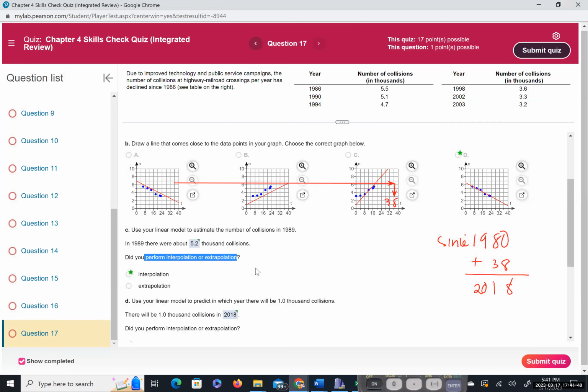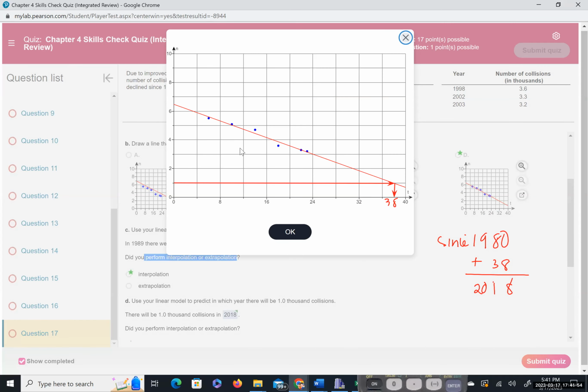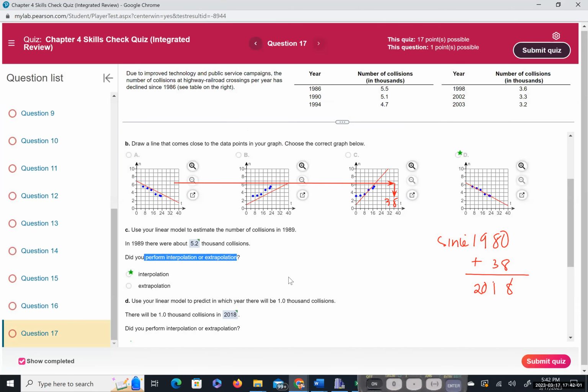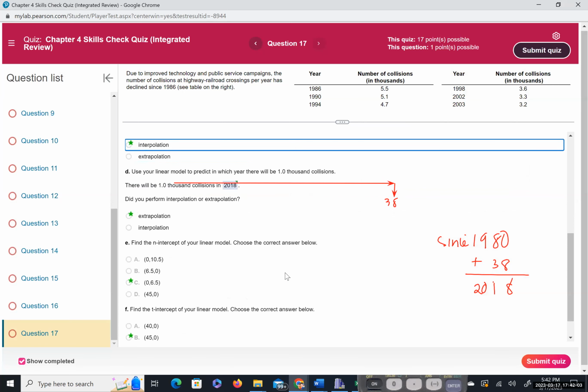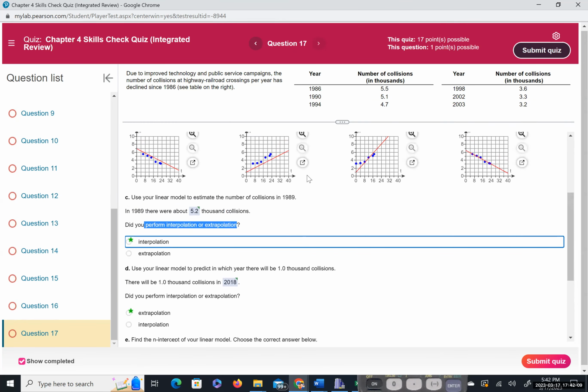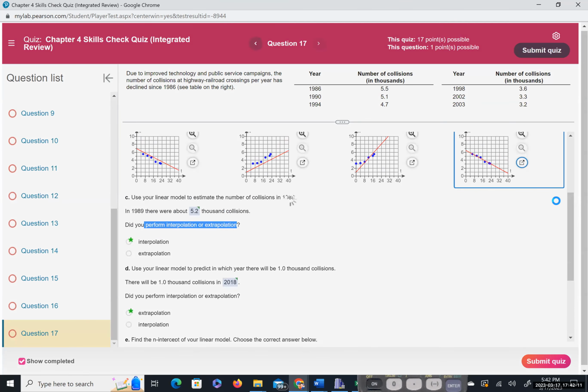And this will be the extrapolation because it's outside of the data. Extrapolation, okay. Find the n-intercept. So look at the n-intercept.